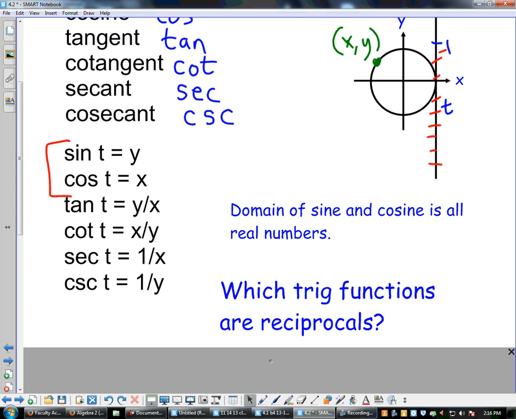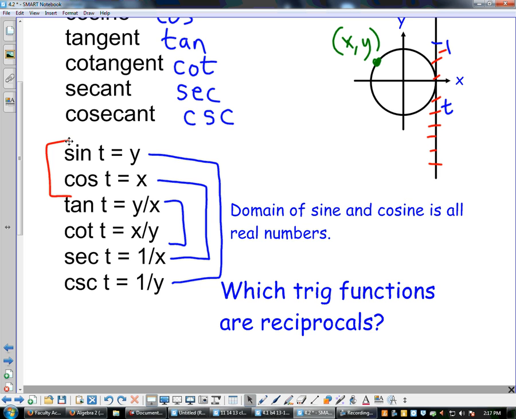So which trig functions are reciprocals of each other? Tangent and cotangent are reciprocals of each other, sure. What else are reciprocals of each other? All right, secant and cosine are reciprocals of each other, and sine and cosecant are reciprocals of each other.